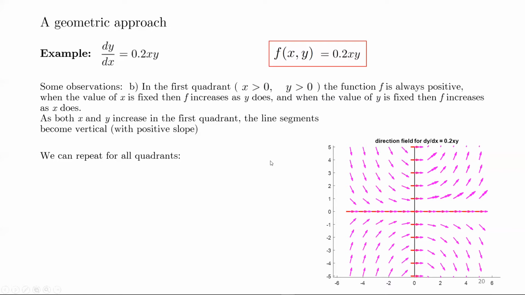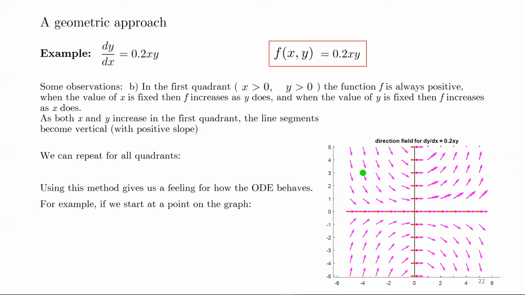Okay, so even though we haven't actually solved this differential equation, just looking at the visual representation of the slope of this using this direction field method, it gives us an idea for how the ODE behaves, right? So if I start at this green point on the graph here, and I follow that direction field.